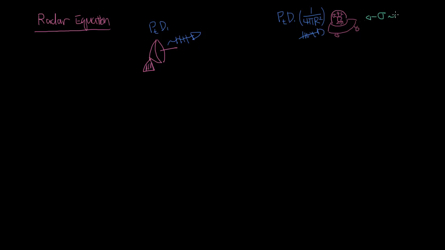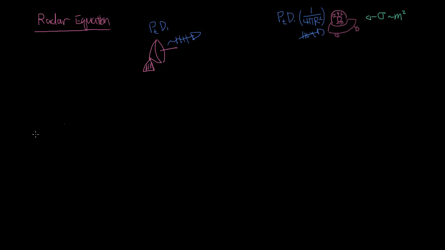It has units of meters squared. It's a little bit like the effective area of an antenna: the effective area that captures the power and reflects it back. And this is also a function of the angle the wave is coming from.